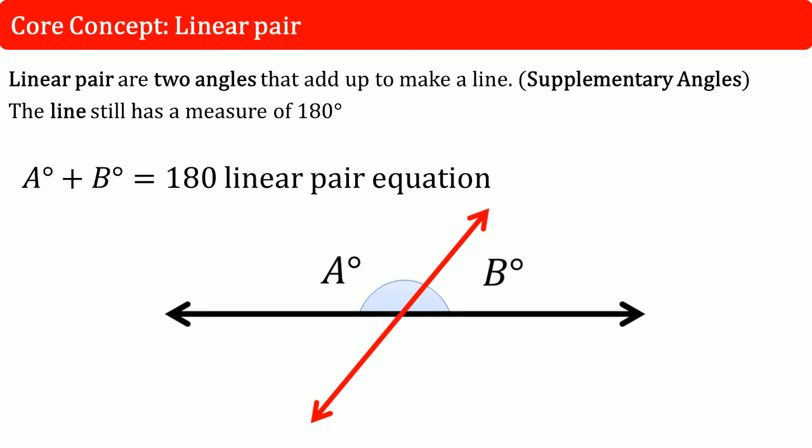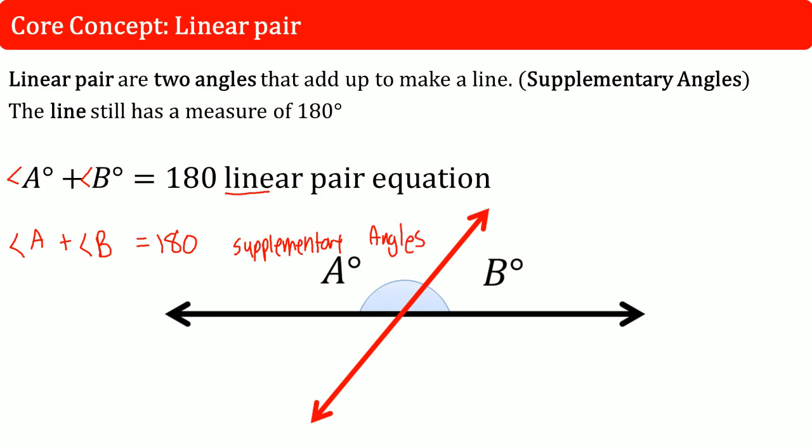Make sure you put the angle symbol here. This is the equation for a linear pair. Why? It makes a line. You can also see this as angle A plus angle B is equal to 180 because they are supplementary angles. You might see this in both ways.